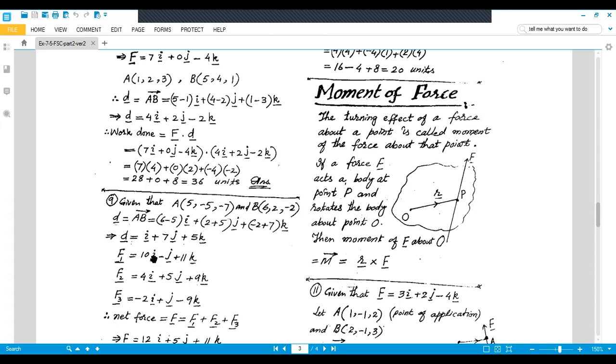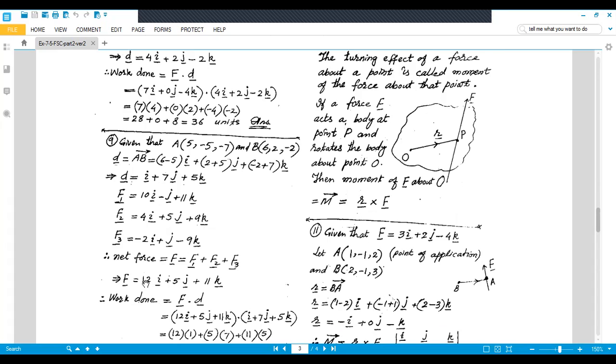And F1 is 10i minus j plus 11k. F2 is 4i plus 5j plus 9k. F3 is 2i plus j minus 9k. So we add all these three forces, okay? How do we add them? The i values we add in i, the j values in j and the k values in k. So 10 plus 4, 14, 14 minus 2, 12i.